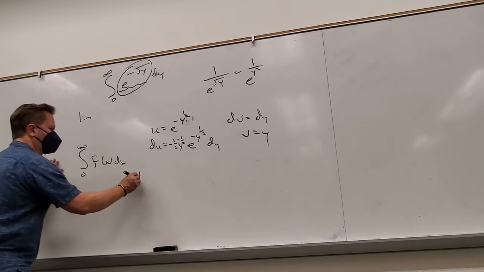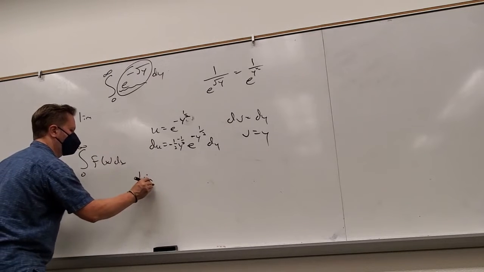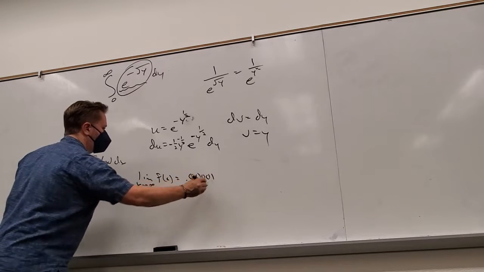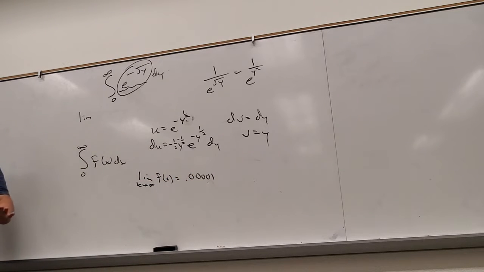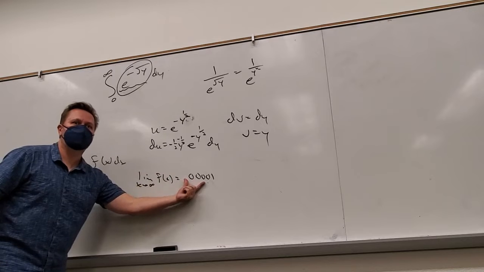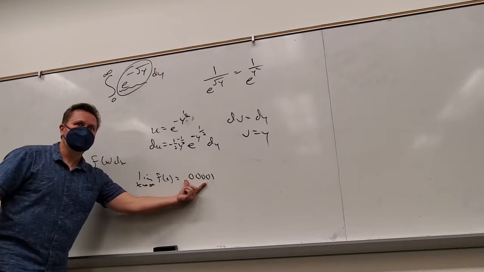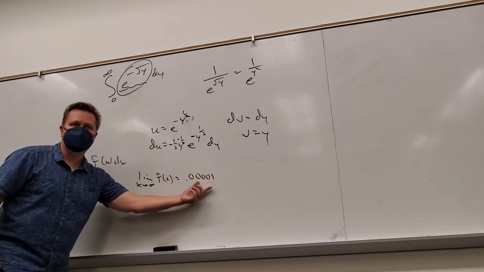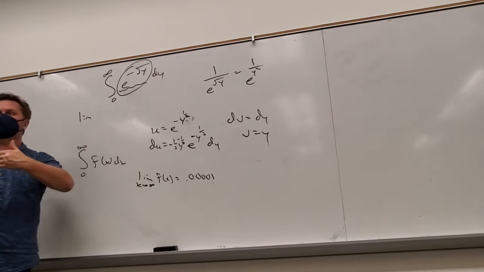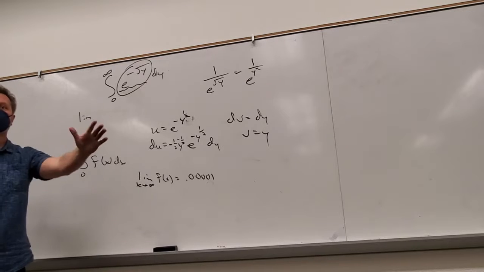Think about this real quick. If the limit as x goes to infinity of f of x was 0.00001, aren't you at some point adding this forever? This is tiny, but if I add it 18 billion times, it's already big. And then 18 billion is nothing. I'm not anywhere near done.